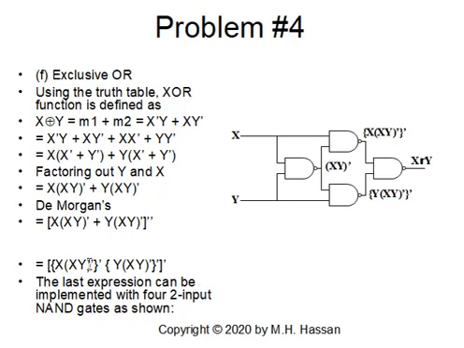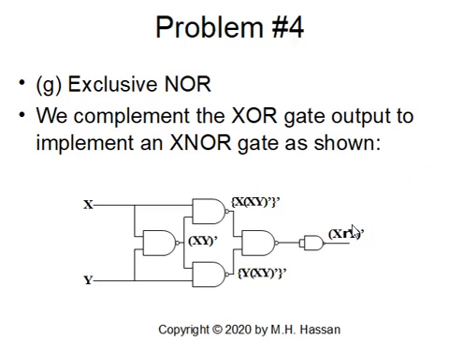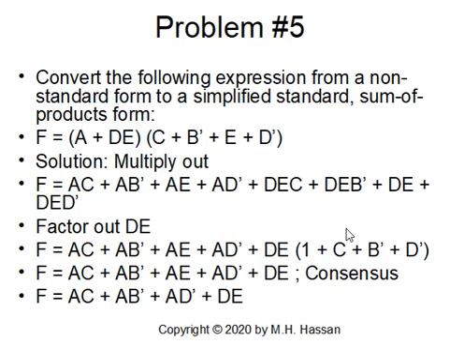So this gives me the output here, and this will give me y and (xy)', right here. And if we take those two to a NAND gate, it gives me the output, which is the exclusive OR, x exclusive OR y. If we complement the output of this exclusive OR, we get exclusive NOR. So this is quite simple.